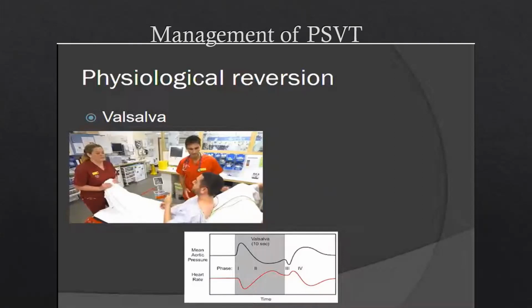So the first thing we should try is the physiological reversal of the SVT, and this will happen with the Valsalva maneuver. This can be done in older children by blowing into a pipe with the patient, and we will show you the video after that.